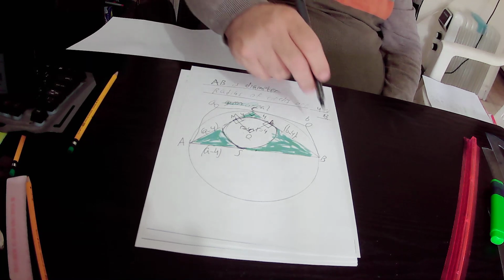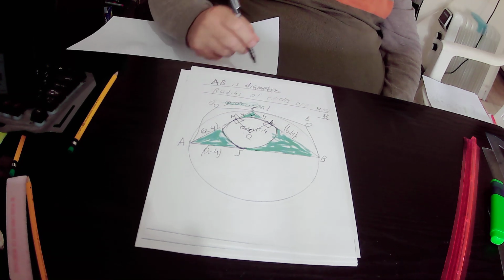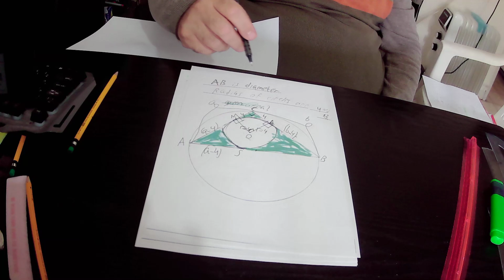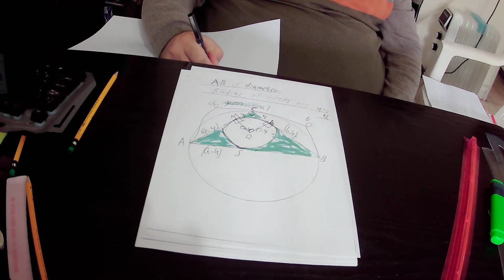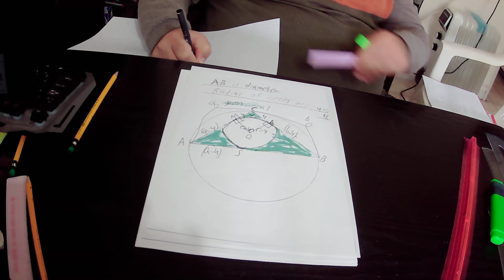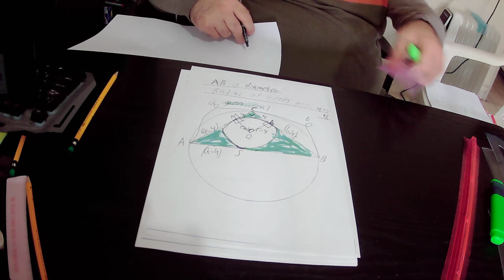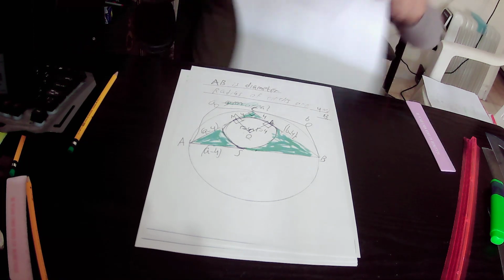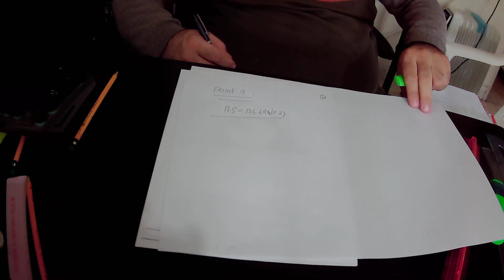We have tangent BS, and we also have tangent BL. And according to rule number 2, those two tangents are equal to each other in their length. That is to say, BS equals BL according to rule number 2.